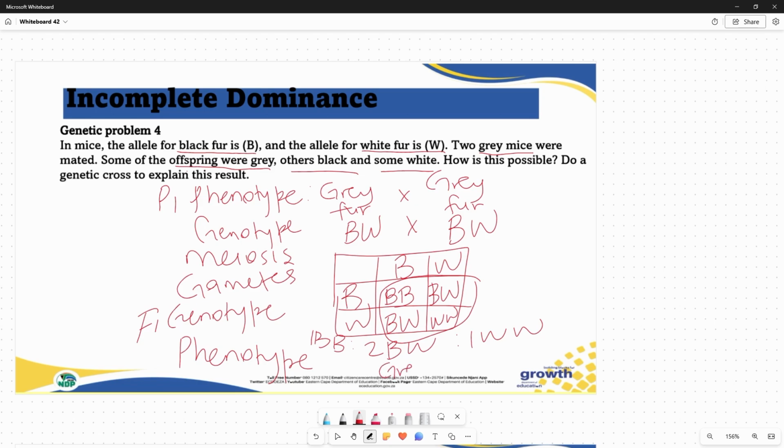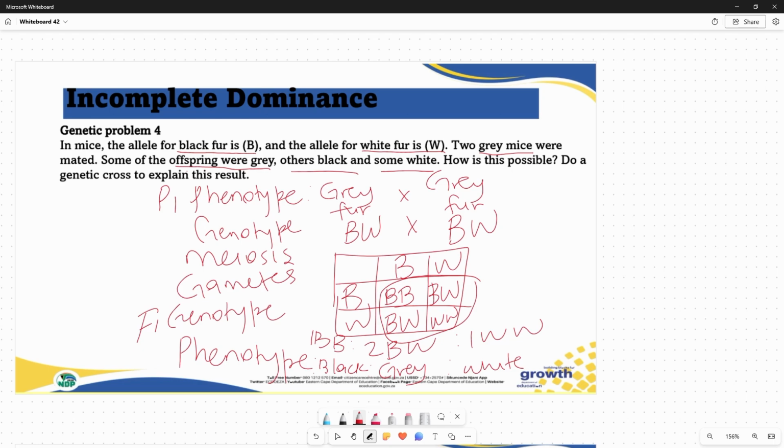Here we are getting the gray from the BW. Some of them were black. We are getting the black now from the BB. And we are getting the white from the WW. So now we have answered the question of how it is possible that some offspring are gray, others black, and some white.